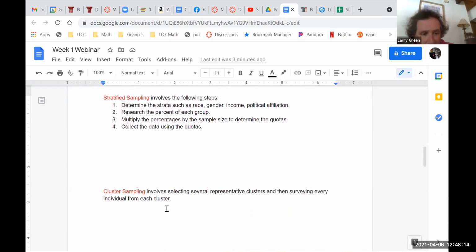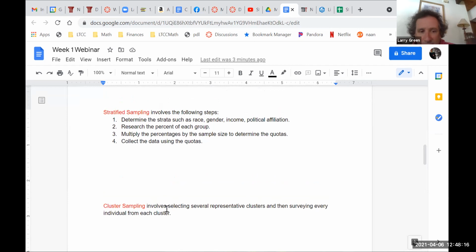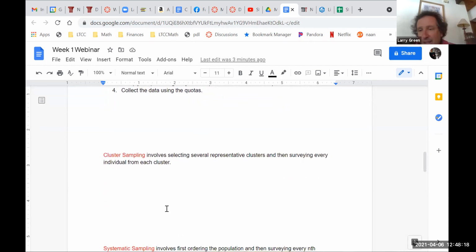Okay, just a note for cluster sampling, another use of it that you'll see is if you wanted to survey the height of pine trees in the Sierra Nevada forests. Okay, there are hundreds of millions of pine trees in our forest. Okay, there's no way you could do them all.